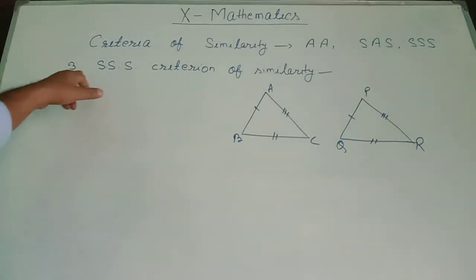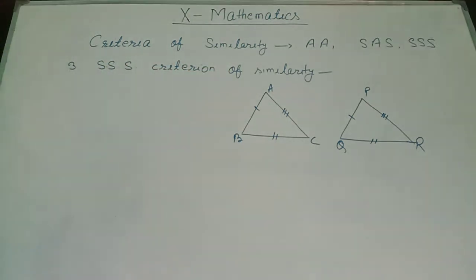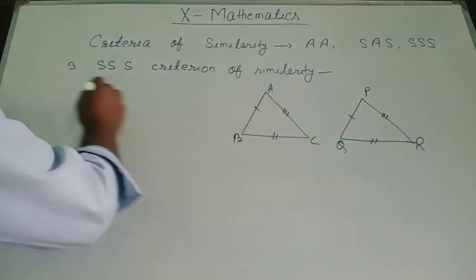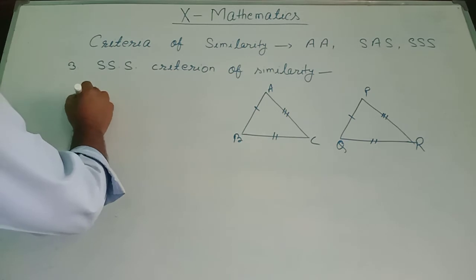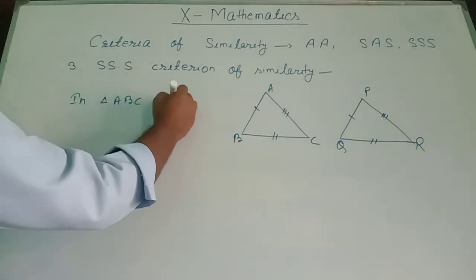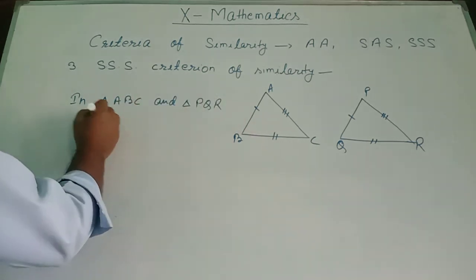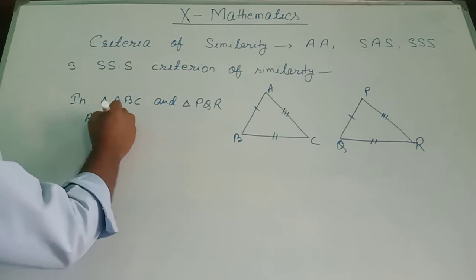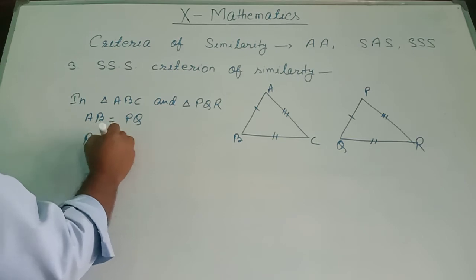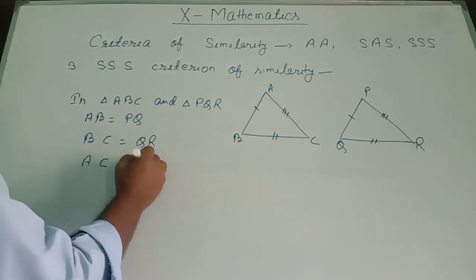The last rule of similarity, that is SSS criterion of similarity. Let us consider two triangles ABC and PQR. If in triangle ABC and triangle PQR, AB equals PQ, BC equals QR, and AC equals PR.